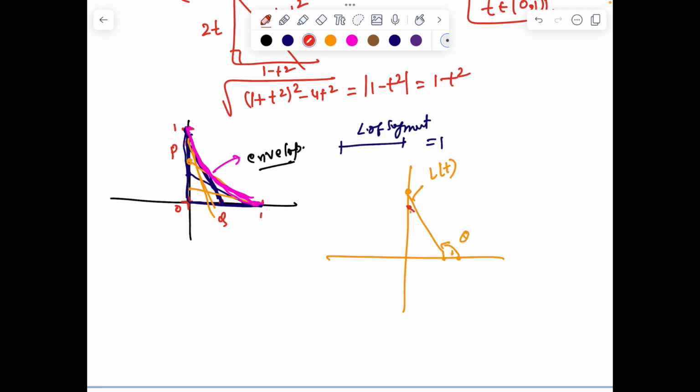Now if I slide T a little, like if I take another point T plus delta T, corresponding to this we'll have another line, having maybe theta plus some d theta or delta theta, a little change in angle. So clearly the point of intersection of these two lines I am calling PT. And we have to find the locus of this point of intersection for every such t belonging to 0 to 1, right?